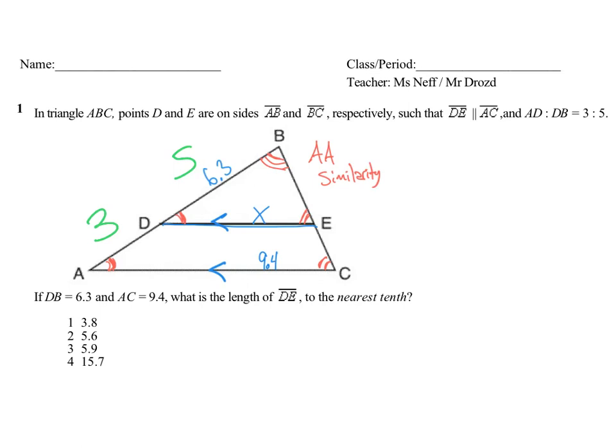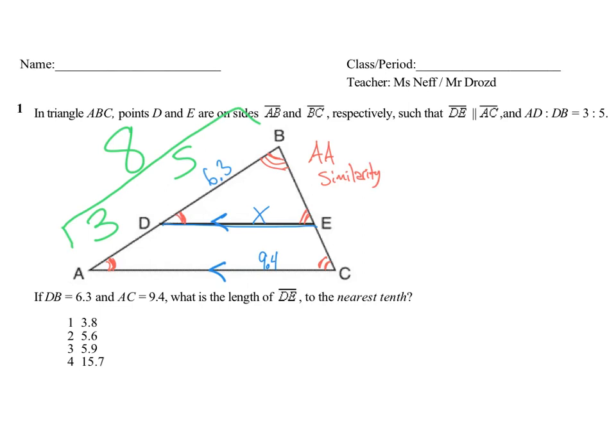Now, if we're trying to think about how we can break these segments up into proportional lengths, we need to think about how many parts rather is there from A to B. There's a total, of course, of 8 parts. And given this information, can we now write a proportion?